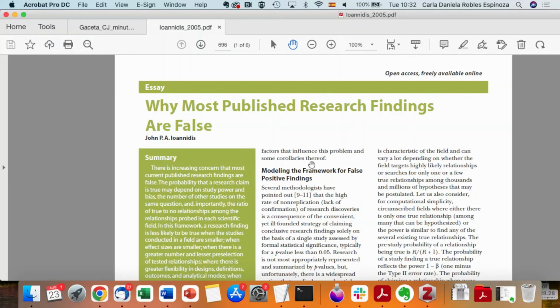I don't know who raised the hand first. Okay. Just something that I was thinking about because I'm not familiar with the article.